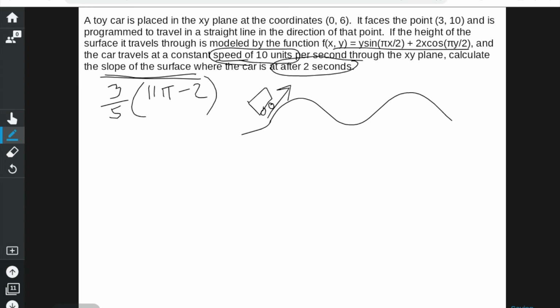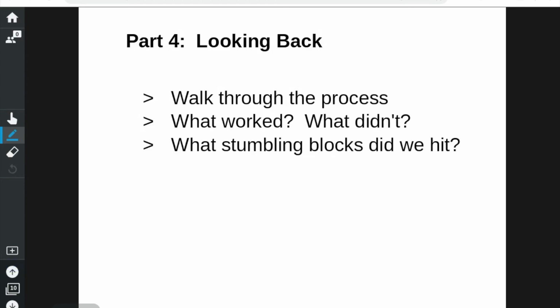Sometimes in Calc 3, we are so focused on our calculus that we tend to overcomplicate things, and we forget that sometimes things can be made simpler. So we found that, and we were able to apply it to our directional derivative to find our final slope of the surface. Overall I would say we did fairly well, even though we hit a couple snags with finding the speed.